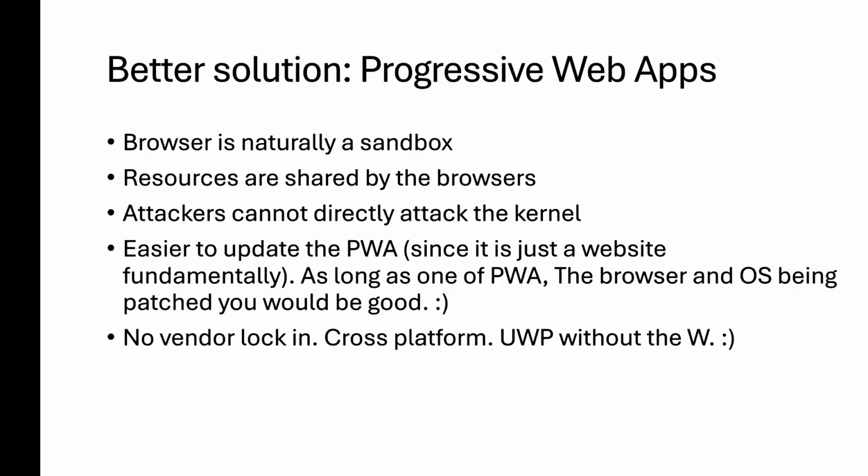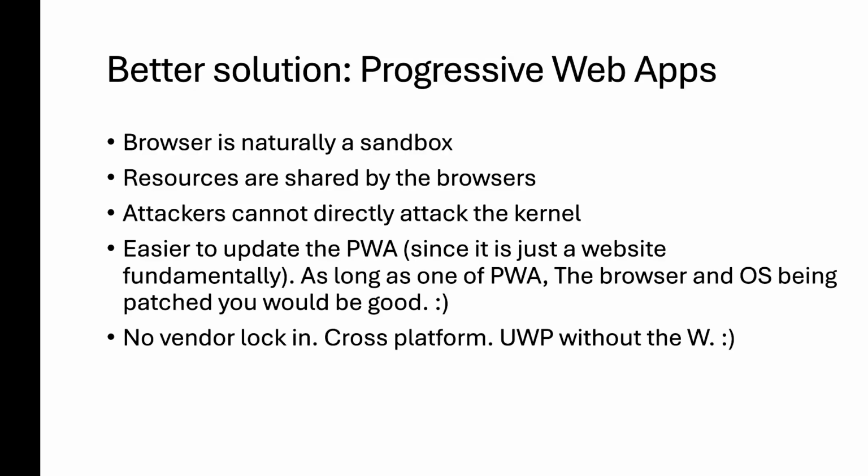If you were an attacker, you cannot just directly attack the kernel, because you need to first bypass the browser and then attack the kernel. So you have an extra layer of protection, which is something the app sandbox doesn't have. So the progressive web app is actually safer in that regard compared to the app sandbox.